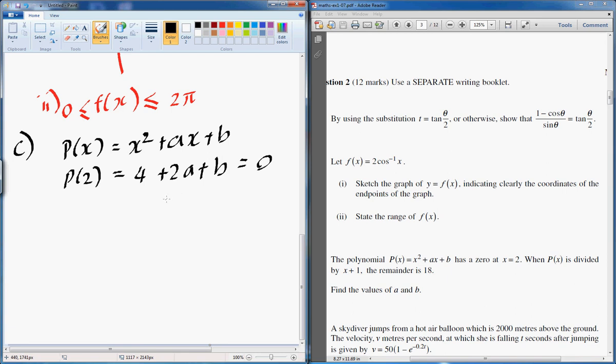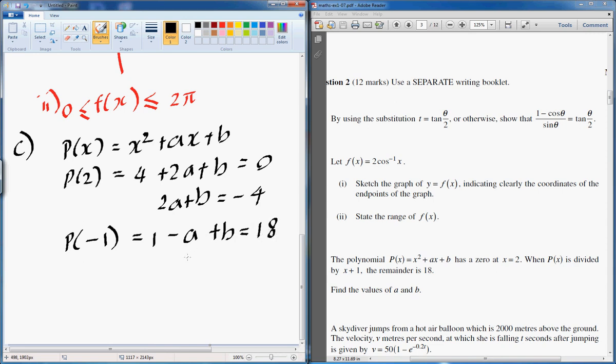Okay, so this should give you one equation that goes 2a plus b is equal to minus 4. And then when p(x) is divided by x plus 1, the remainder is 18, which means if I put in x equals minus 1, I should end up with 18. So in this case it becomes 1 minus a plus b is equal to 18.